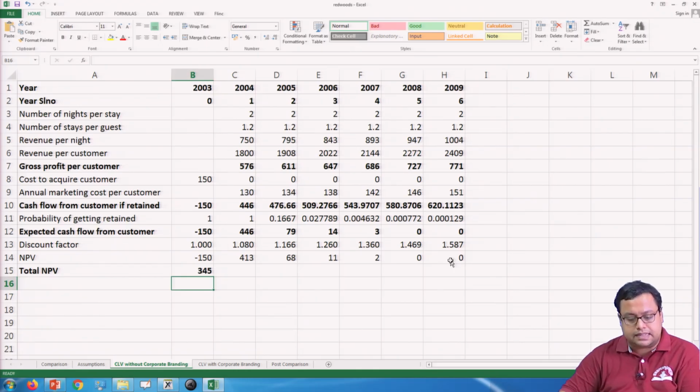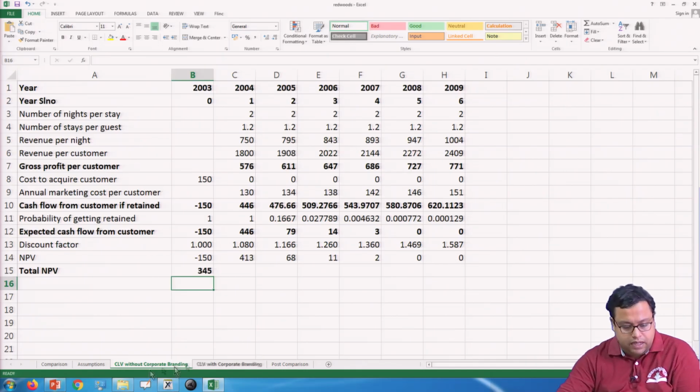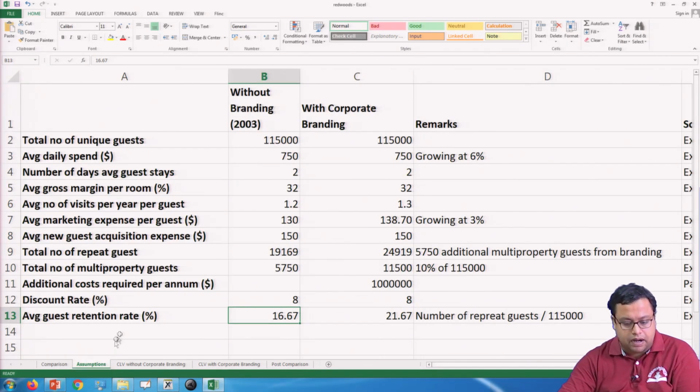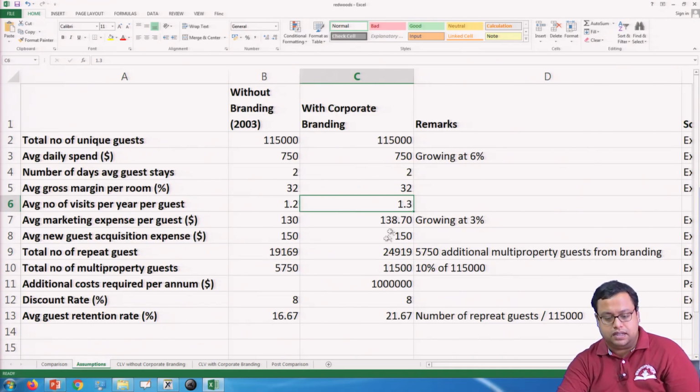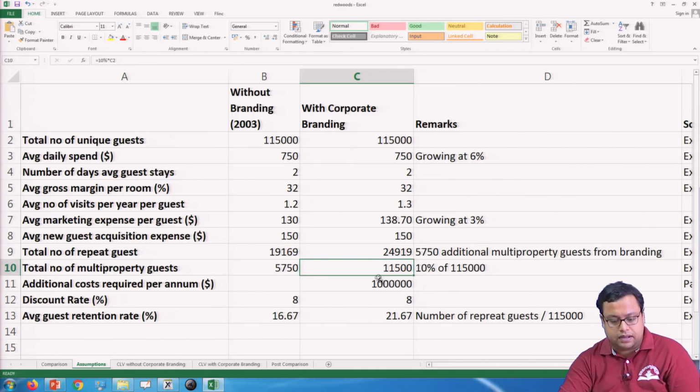Now, I have to do the same comparison. If you remember, we are not talking about multi-property guests. This multi-property guest count is going up because of this. This 1.3 is coming from there, because there the number of multi-property guests was initially 5750. This has gone up by 10%.